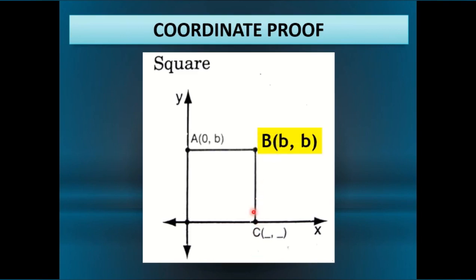And then for C, since from this point to this point we form a horizontal line, its y-coordinate will become 0 because the y-coordinate of the origin is 0. And for point B and point C, we form a vertical line, meaning the x-coordinate of point B is B. So point C will have its x-coordinate as B. So we have (B, 0).